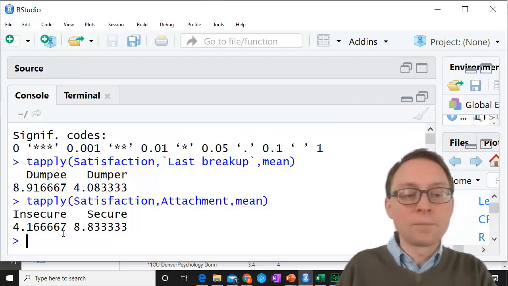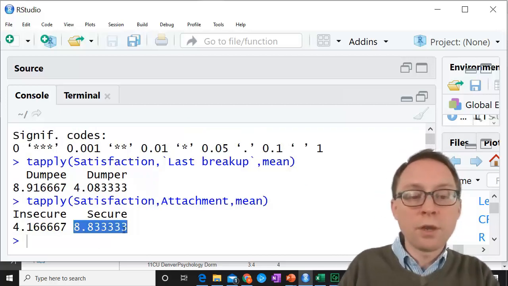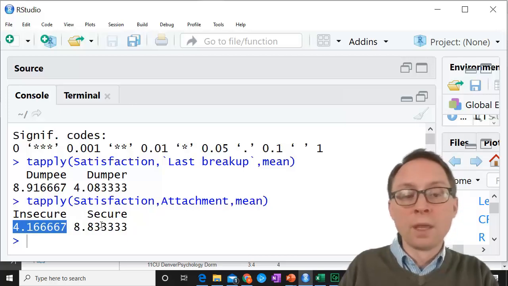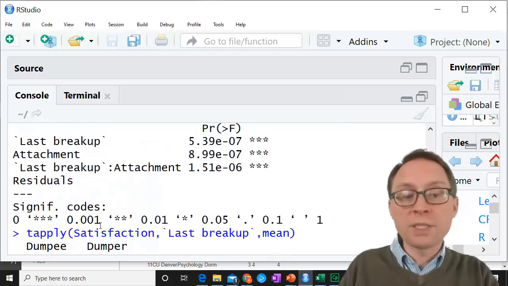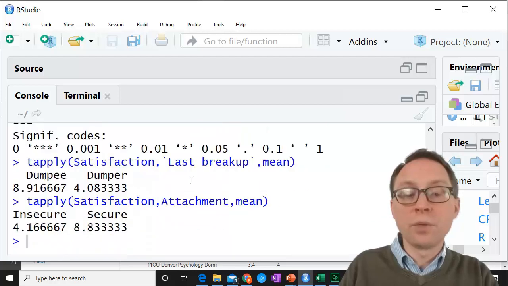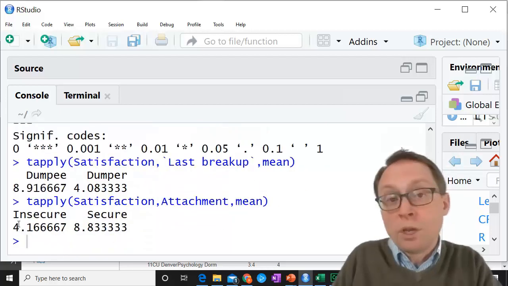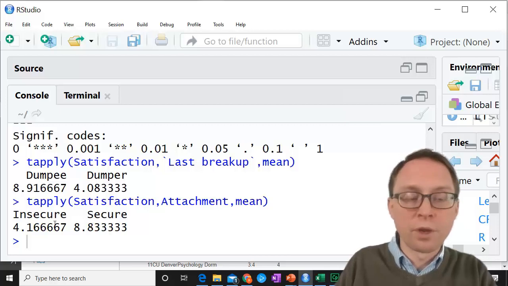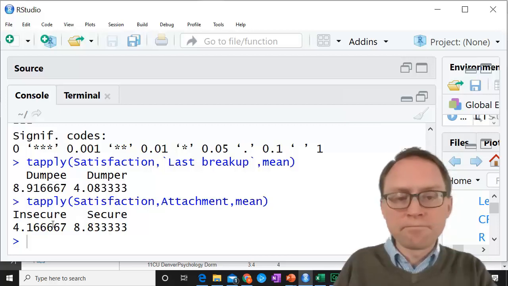And here's what we find out. People who are secure are significantly more satisfied than people who are insecure. We don't have to run a pairwise test because this is saying there's a difference. And since we only have two levels, we know that there's a difference. And there it is. That's the difference. Secure is greater than insecure.